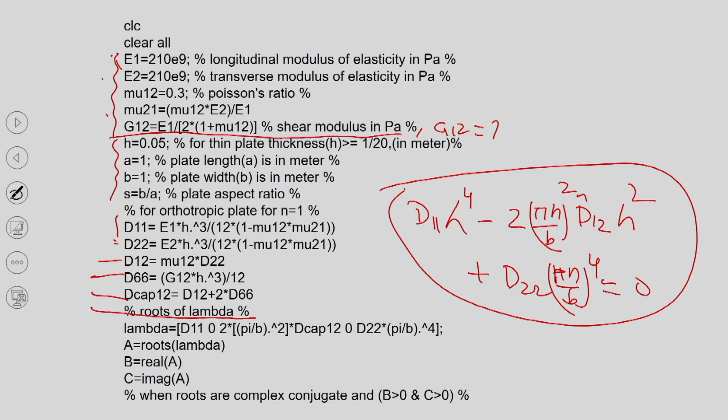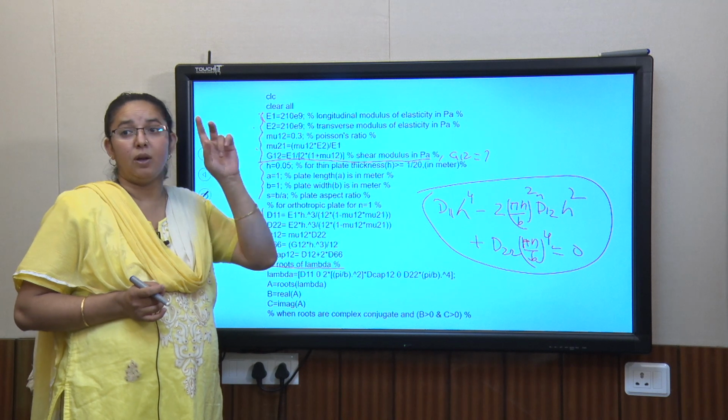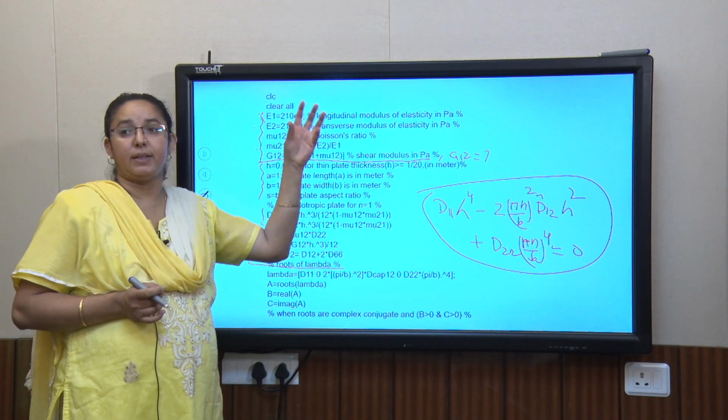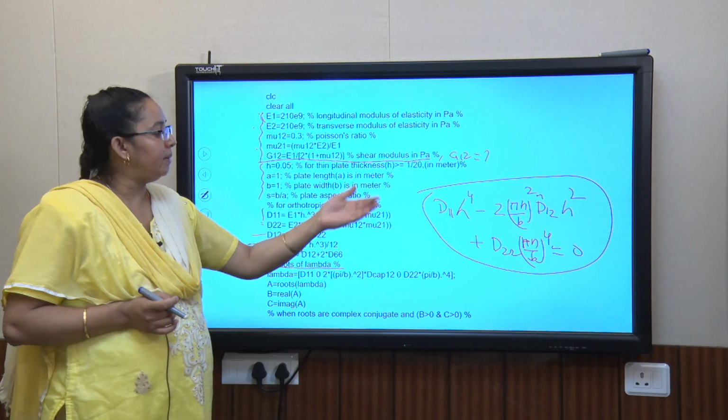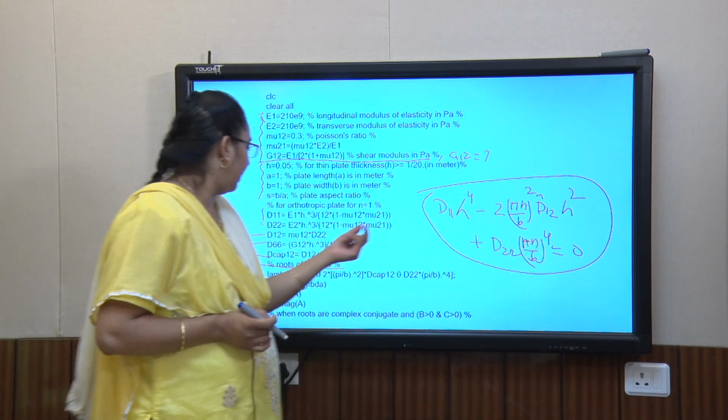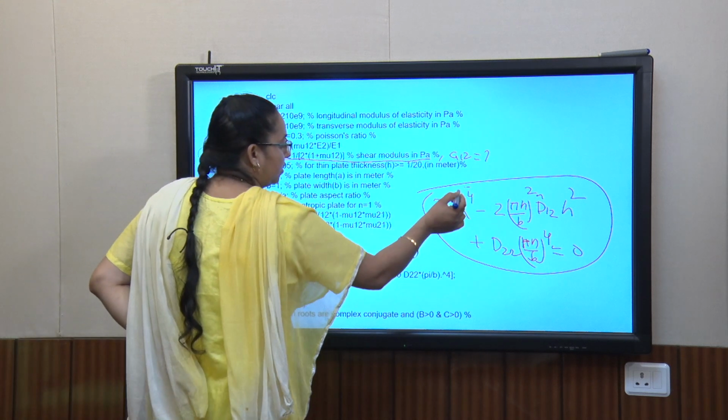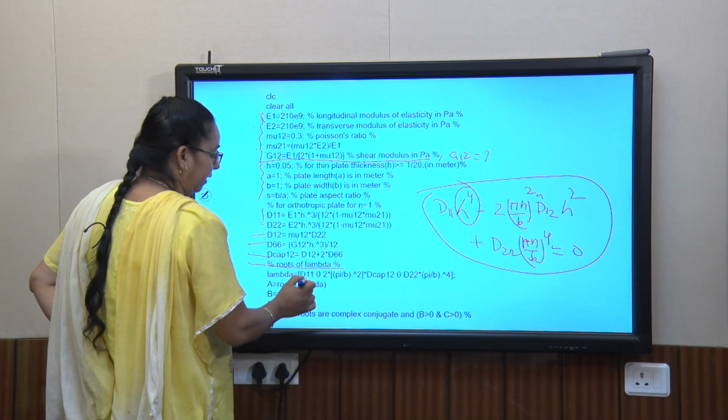So you are interested to find out the roots. If you are interested to find out the roots of a quadratic equation, suppose in a calculator you give the coefficient of x square, coefficient of x, a b c like that. Similarly, this is the fourth order, so you just give the coefficients. Lambda 4 has the coefficient D11.